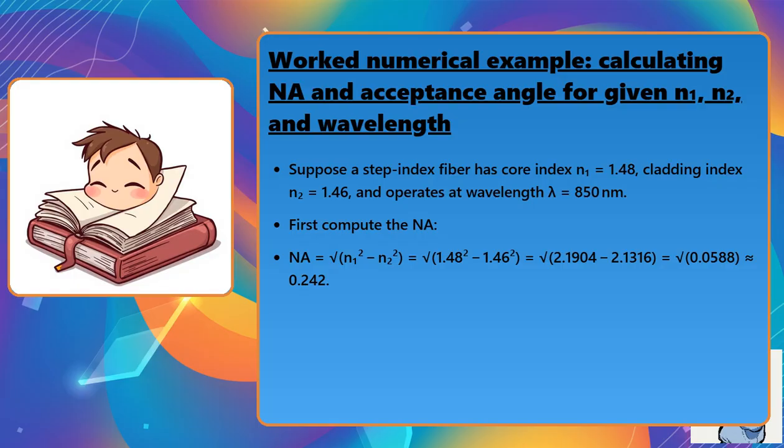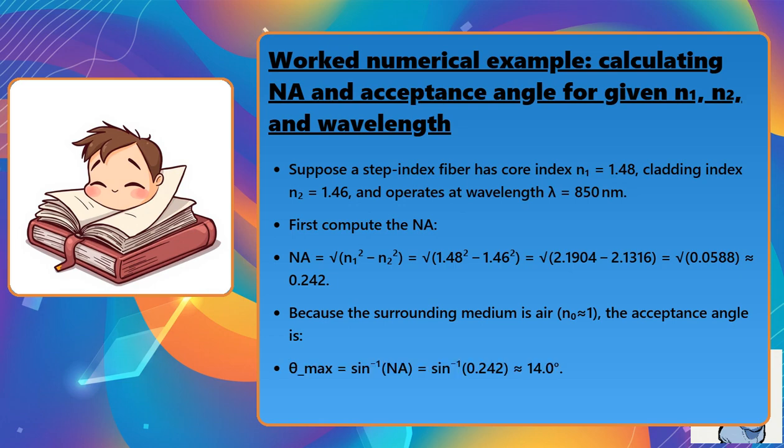Numerical aperture equals square root of N1 squared minus N2 squared, equals square root of 1.48 squared minus 1.46 squared, equals square root of 2.1904 minus 2.1316, equals square root of 0.0588, approximately 0.242. Because the surrounding medium is air, N0 approximately 1, the acceptance angle is theta max equals arcsine of numerical aperture, equals arcsine of 0.242, approximately 14.0 degrees.